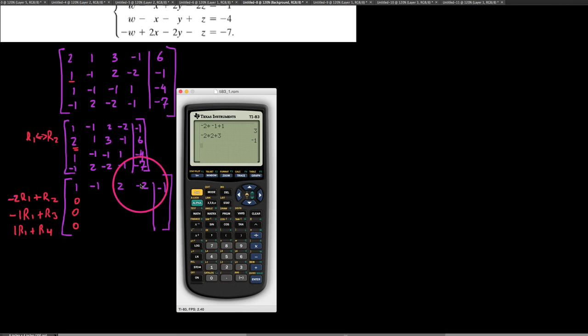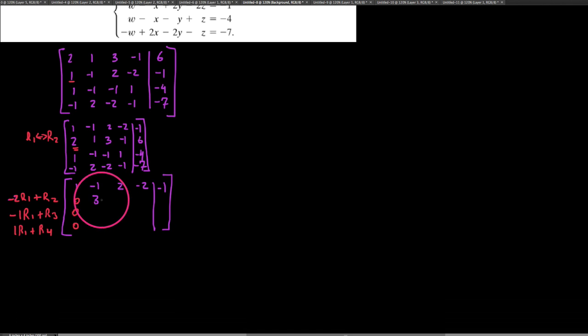Then -2 times -2, and we add that on to this -1, plus -1. We would get 3, -1, 3. And then the last one, -2 times -1, which is 2. 2 plus the 6 here would be an 8. So you can see how you could use a calculator to do this.